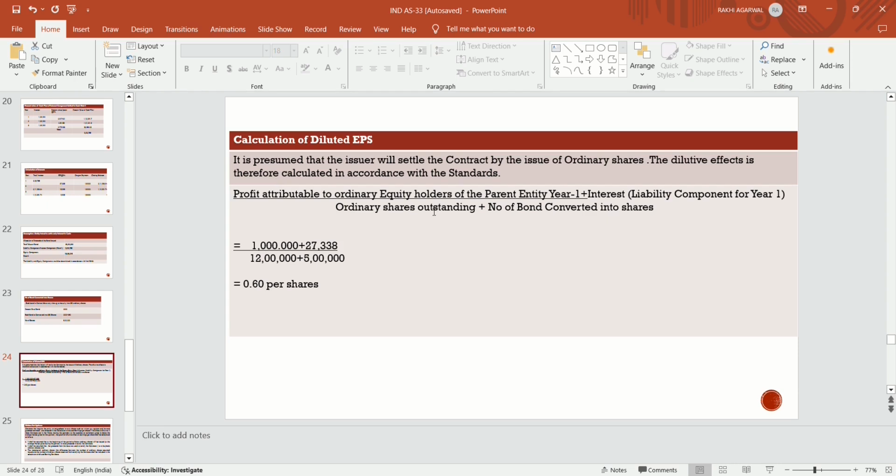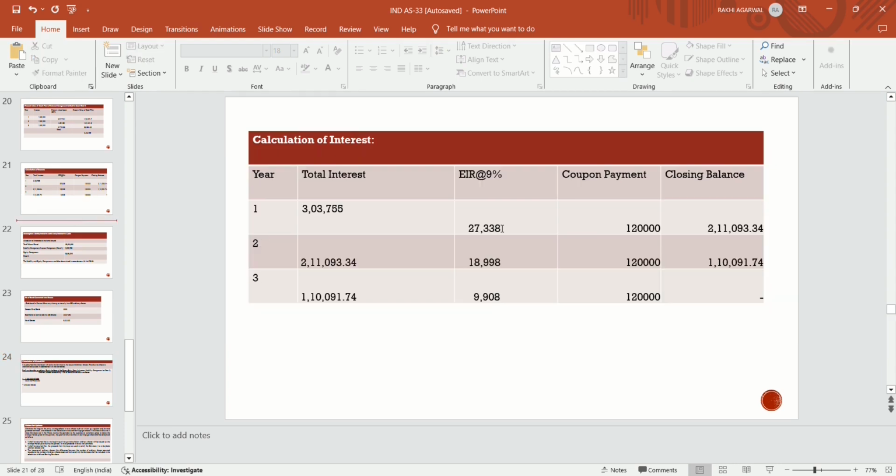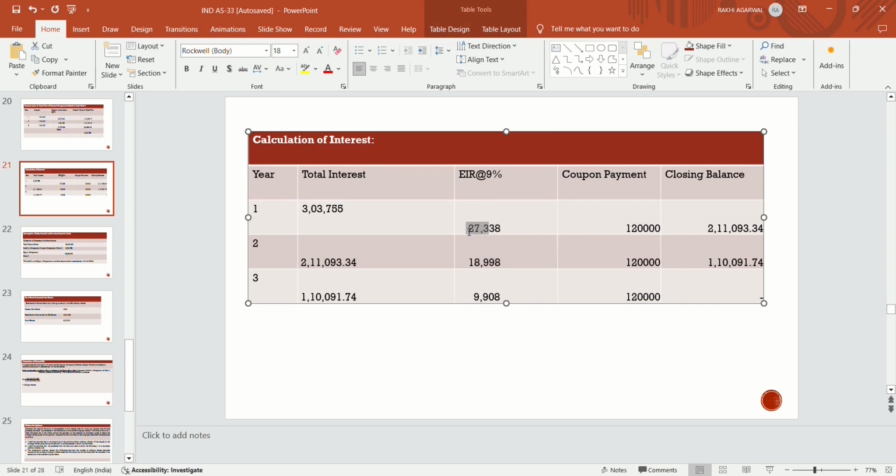Profit attributable to the ordinary holder of the parent entity is 10 lakhs plus the interest component for year 1. Here we had calculated in year 1 the interest component is 27,338.